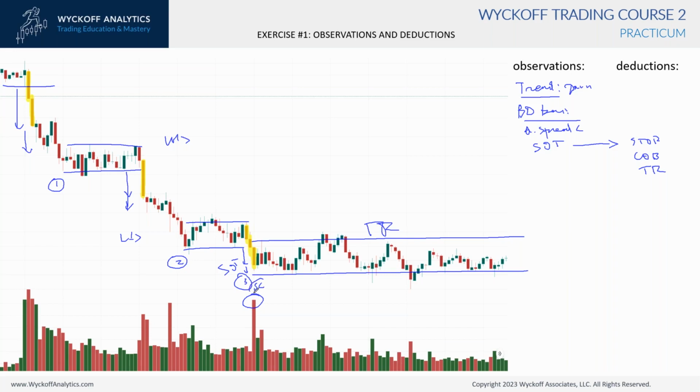So maybe a climactic stop in action right here. Okay, interesting. Right away, we see the change of environment. Is it helpful for us? Well, if we've been trading to the downside all this way, then we know that at this point, demand might be coming in and we might be in some kind of trading range environment. Okay, same happened here, same happened here.